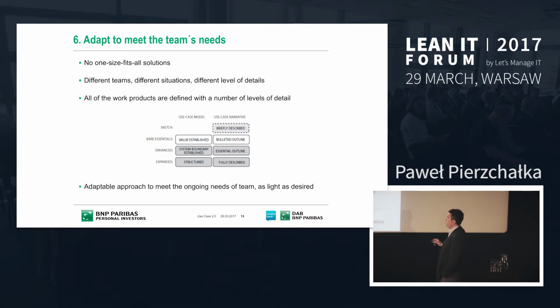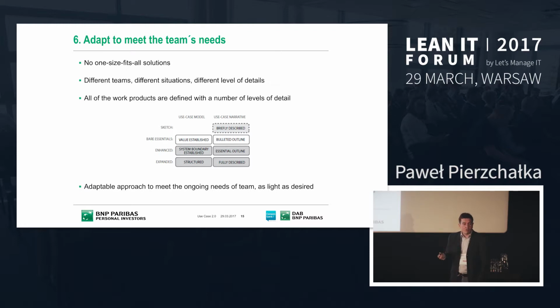So what use case 2.0 is also providing is different work products, and these work products have different levels of granularity. For example, for this use case narrative, we have four levels of detail, from briefly described to fully described. When I have a small team building a small, well-known product, then I can just go for this bulleted outline, because it's detailed enough for the team to focus on and start the work.